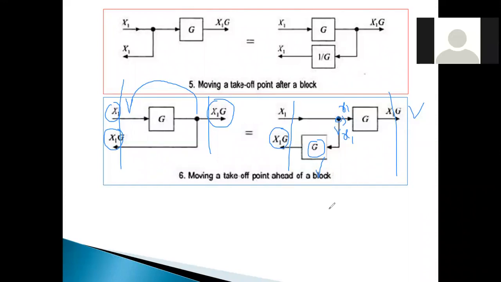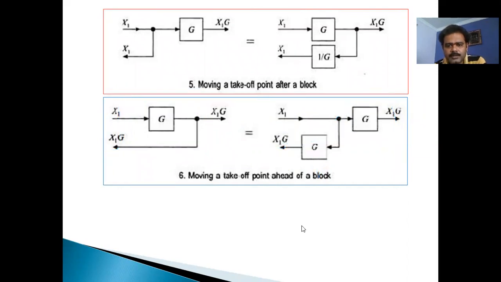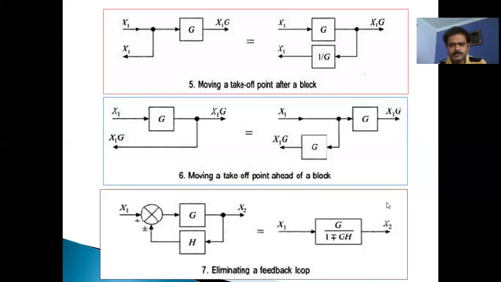Okay, so please kindly note down these formulas. The next one is elimination of a feedback loop. So elimination of feedback loop means, just note down this example, these formulas.